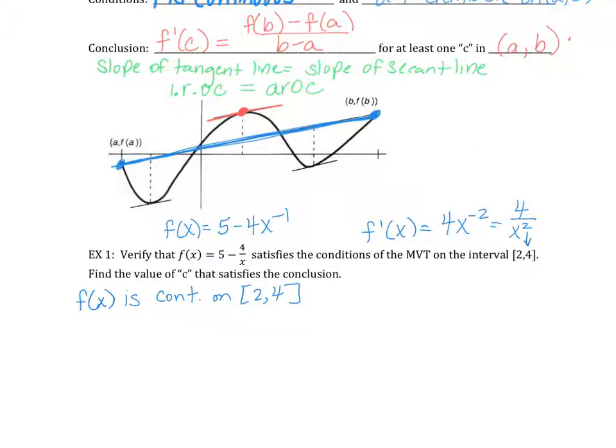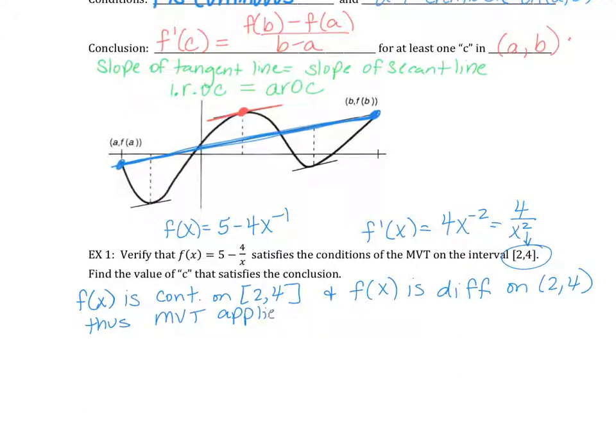Well, if you look at that derivative, it is not defined at 0, which I'm still okay with because of the 2 to 4. So f of x is differentiable on the open interval. I have stated that, thus, the MVT applies.